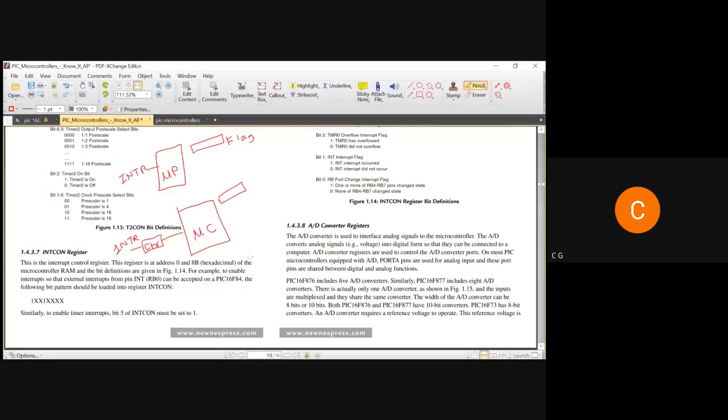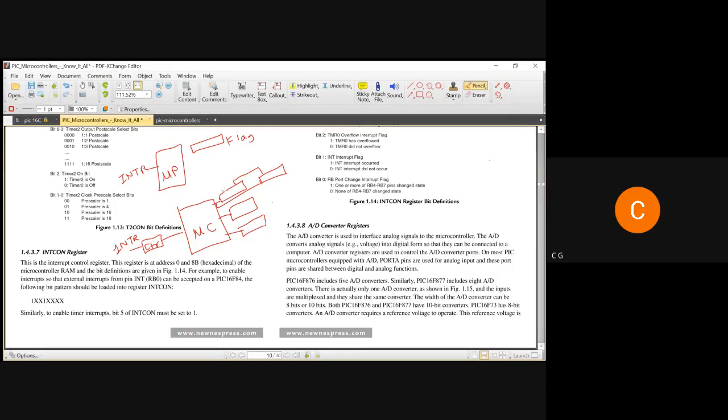We have a set of flags. And along with this, the state of the register is also notified. So this is one kind of arrangement.